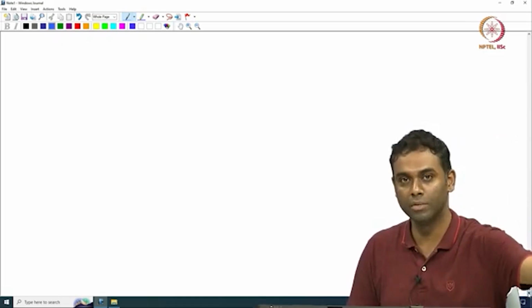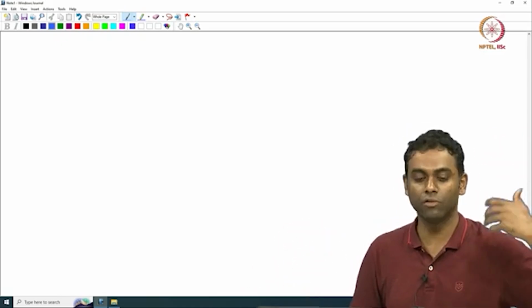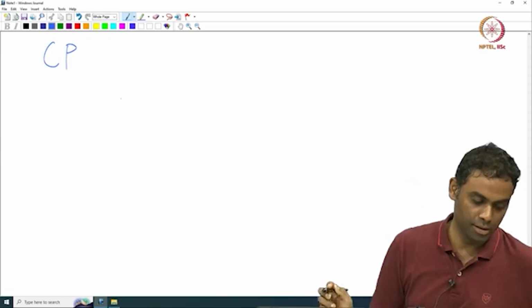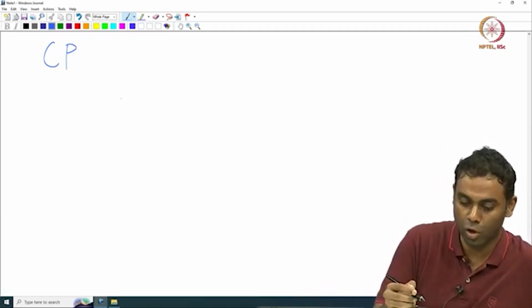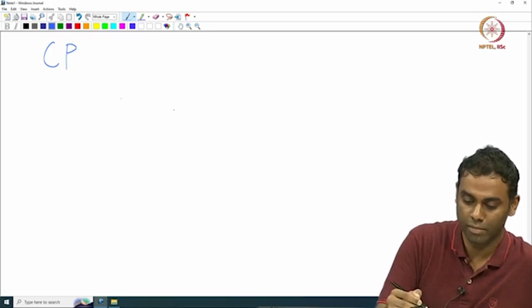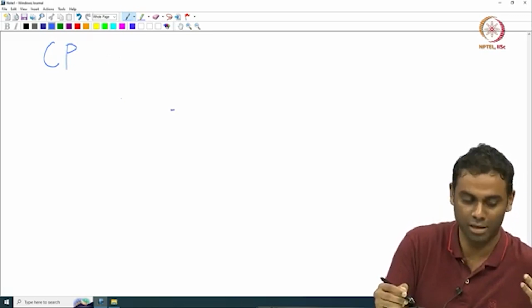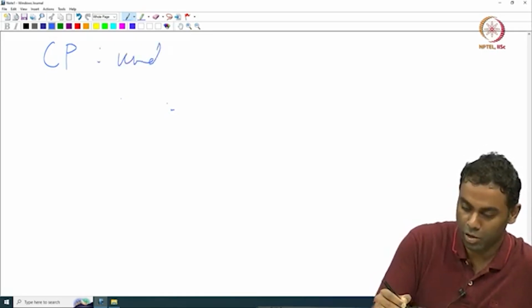So you lost a mirror image, but at least this combination gave you back the world. So it was this combination of CP that was thought to be the fundamental symmetry, okay, and it was a very cherished principle that at least CP is the underlying symmetry. Let me write it down because it is important.